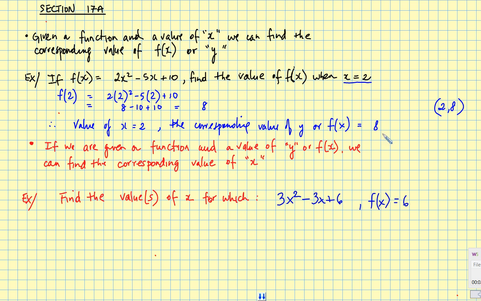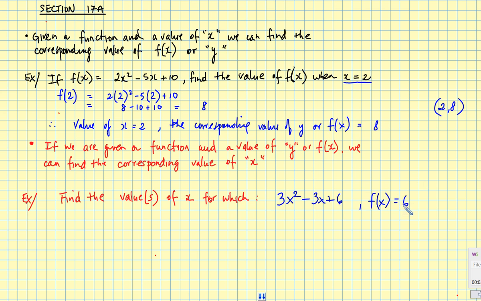Now, if we were given the opposite, and we were told what the value of y was, and we had to find the corresponding value of x, well, let's take a look at the example that's given. It says find the value or the values of x for which 3x squared minus 3x plus 6 has an f of x value that's equal to 6. So what that means is our value of y is equal to 6 in this case.